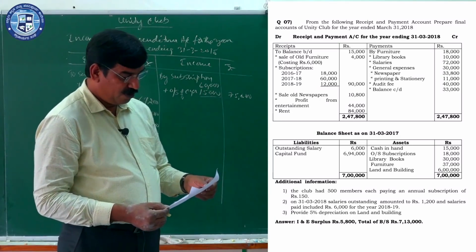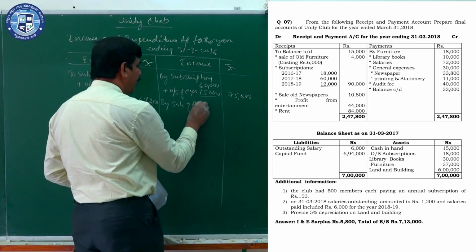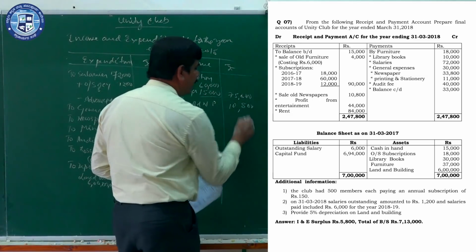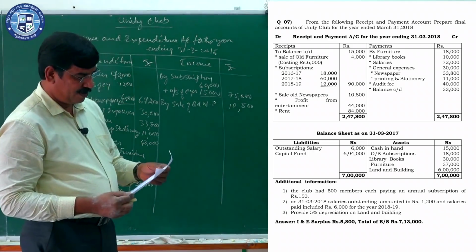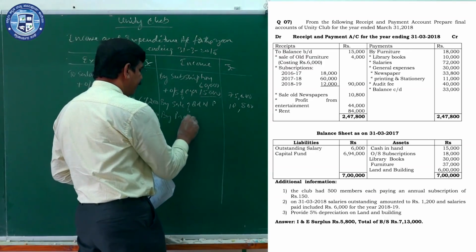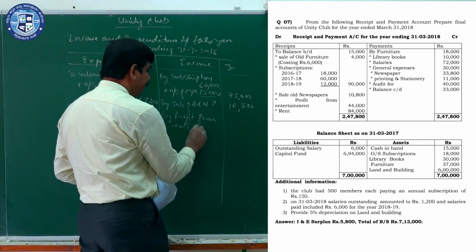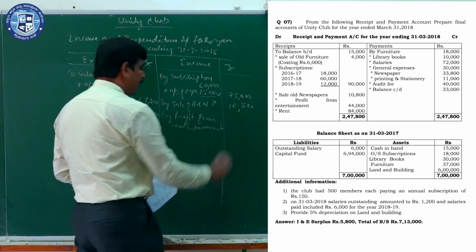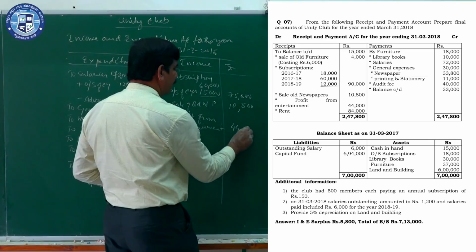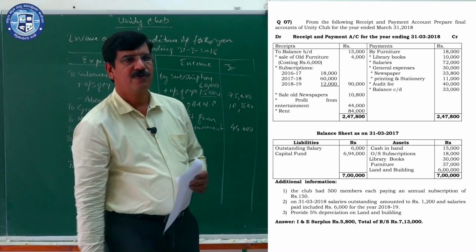Then comes the sale of old newspaper 10,800. By sale of old newspaper 10,800. And by profit from entertainment, the amount is 44,000.